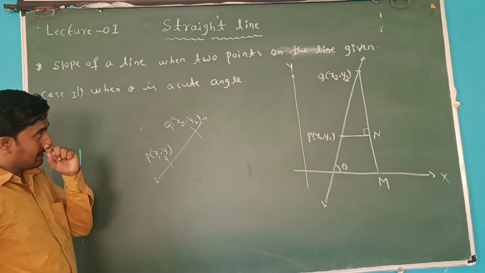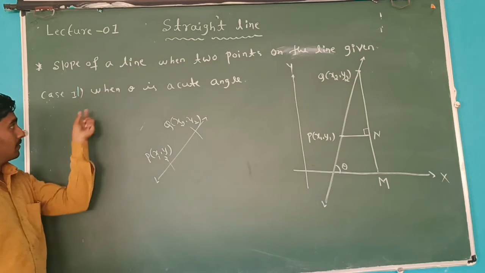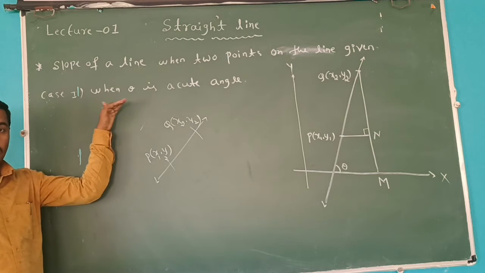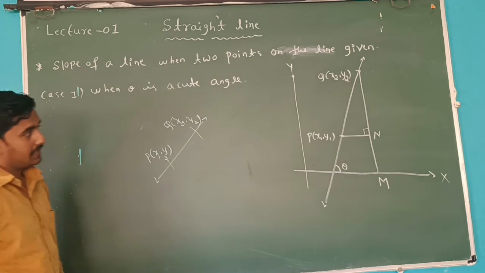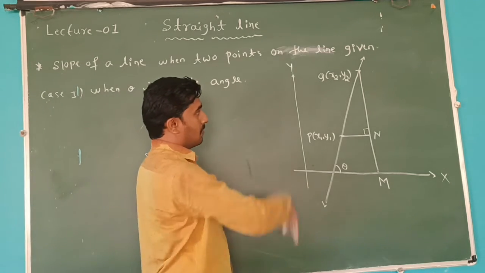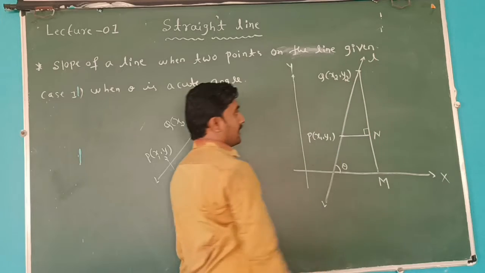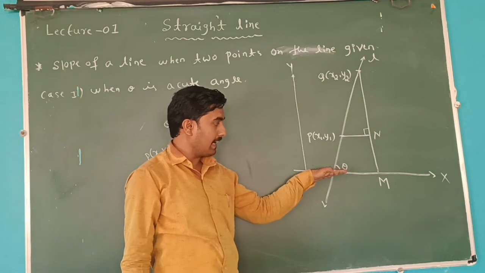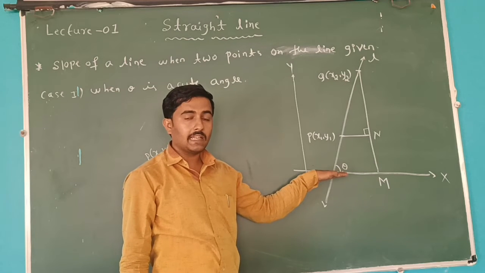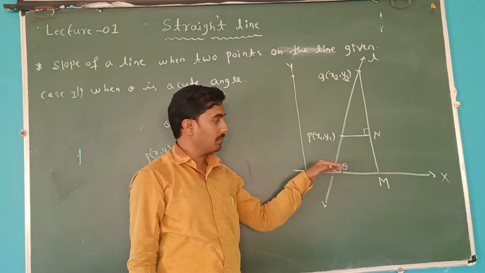We are considering two cases here. The first case is when theta is an acute angle. Let us consider this is x axis and this is y axis, and this is the line L. This line L is making an angle theta with the positive direction of x axis.